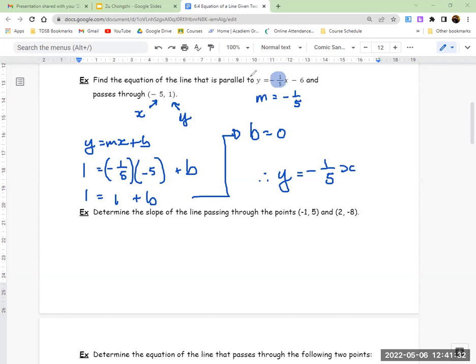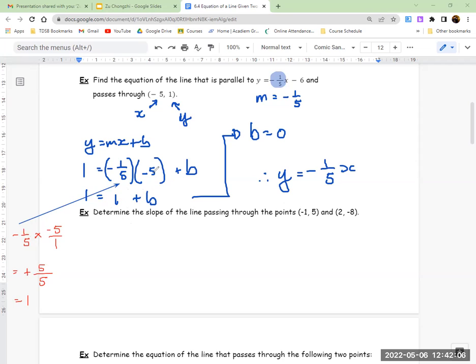What's happening there is negative 1 over 5 is being multiplied by 5, so it's a multiplication with fractions. Multiply across. Negative times negative is a positive. 1 times 5, 5 times 1, 5. That's a 1. That's why I wrote it. I was just simplifying it.